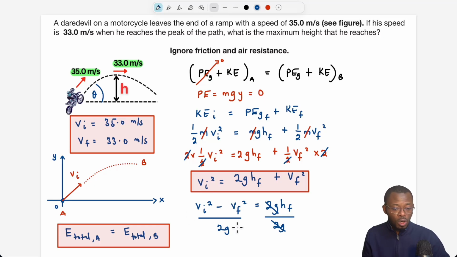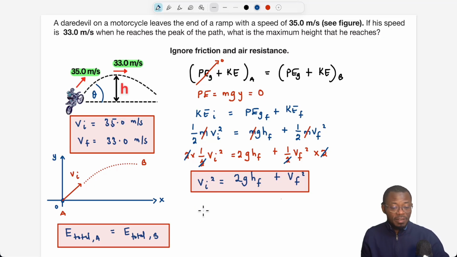And we know all of these values. We can now comfortably plug them in and determine the final height. So the final height hf is going to be vi squared minus v final squared divided by 2g.